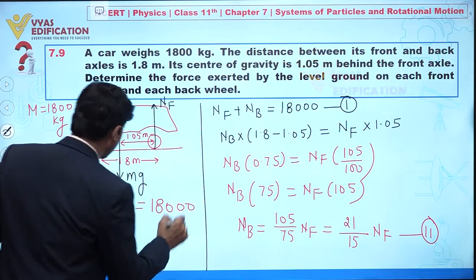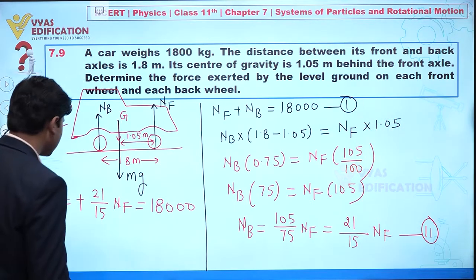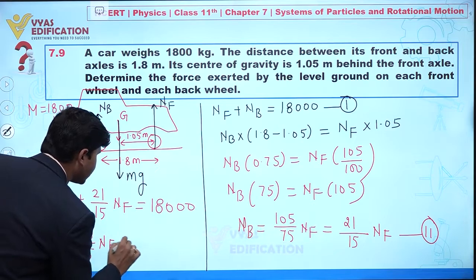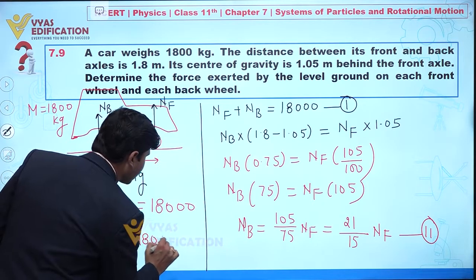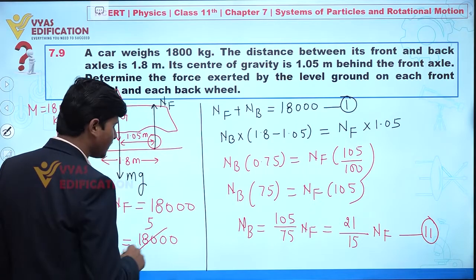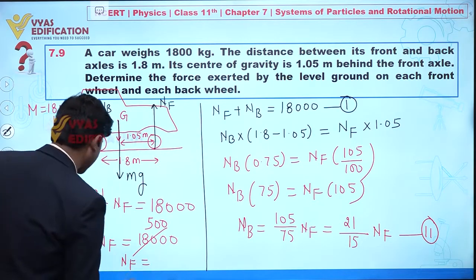Clear? So now if you take LCM, this is 15. So we are getting here 36 by 15 NF, and this one is equal to 18,000. So if we cancel here, value of NF we are getting here.